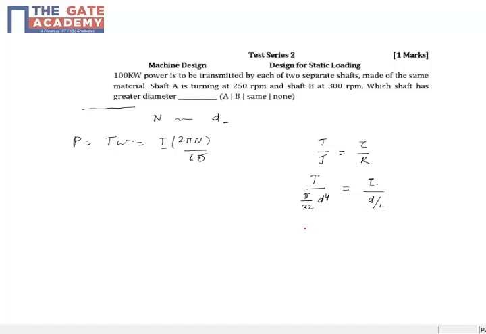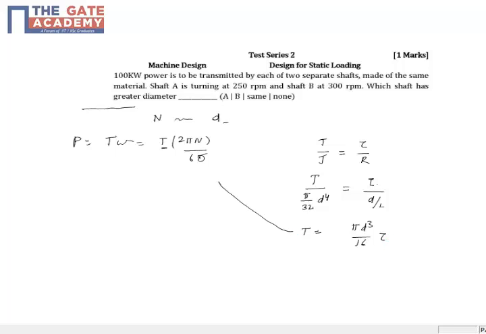So from this you get T equals pi d cube by 16 into tau. So tau is the maximum limit, so that can be taken as constant.